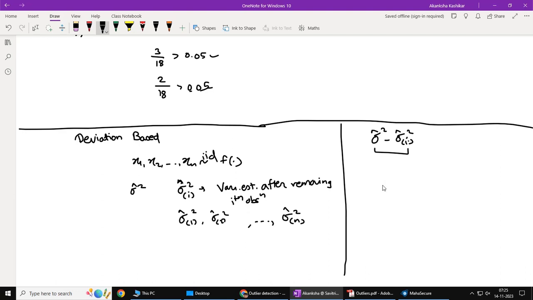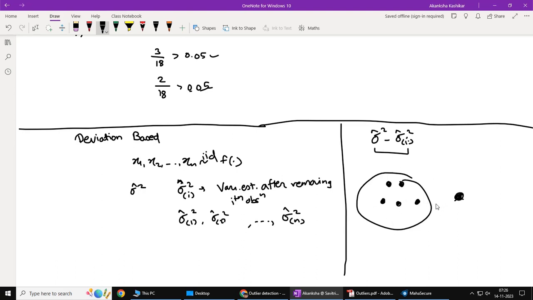Okay, so let me draw a picture. Suppose these are the observations. So this is 1, this is 2, 3, 4, 5, 6. Suppose I have a data set consisting of these 6 observations. Now, when I compute variance of all 6 and when I compute variance of these 5, variance of these 5 is going to be much smaller compared to the variance based on all 6.